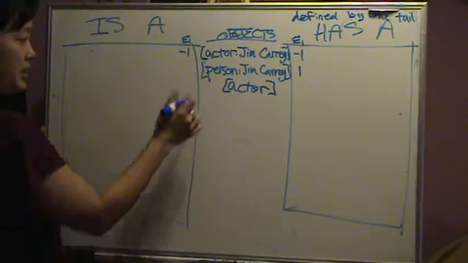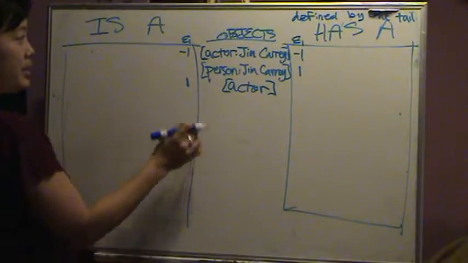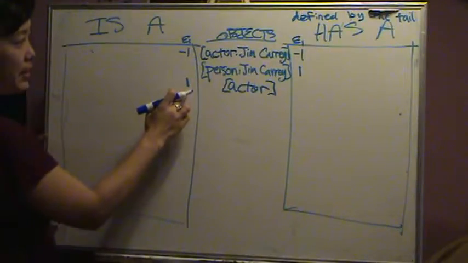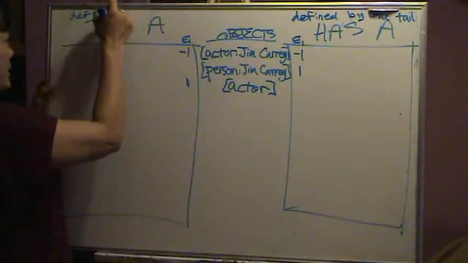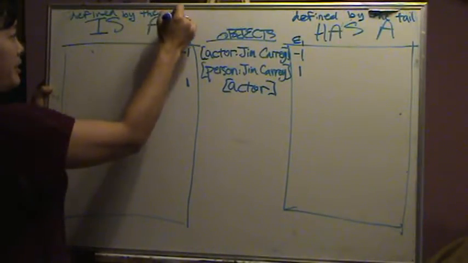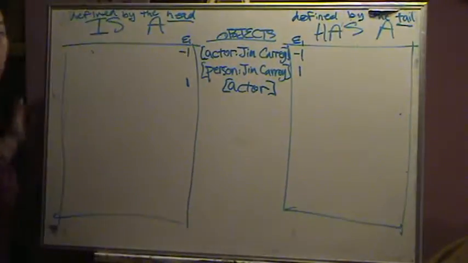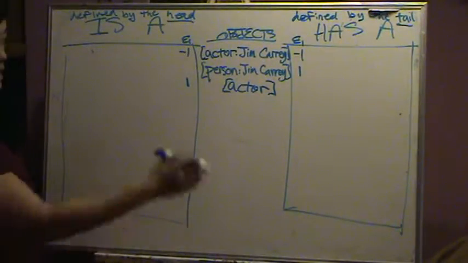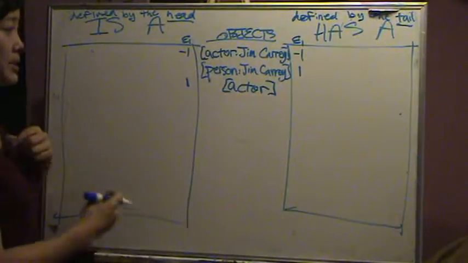I've got a -1 here and a 1 here. This edge is defined by the head. And again, that head in this edge is the actor.